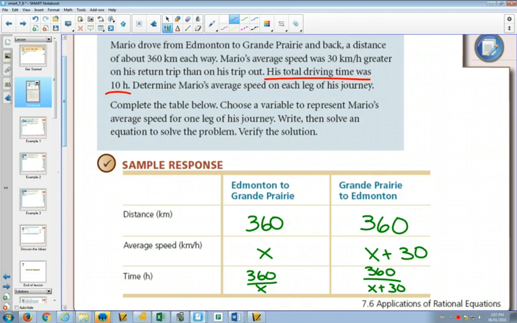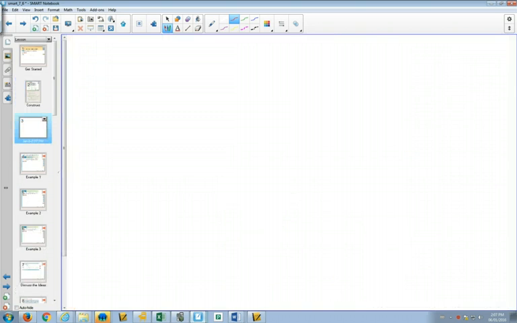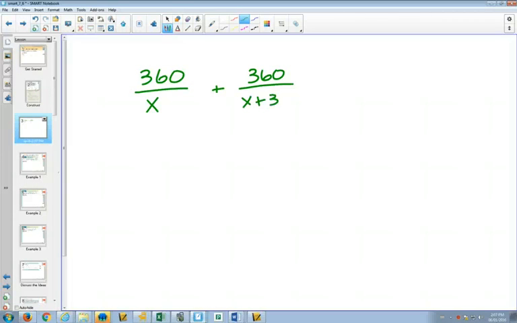Can you see that this 360 divided by x plus this 360 divided by x plus 30, those are both times, right? If you added both of those together, what should they equal? They should equal 10. So we get an equation that says 360 divided by x plus 360 divided by x plus 30 should equal 10.